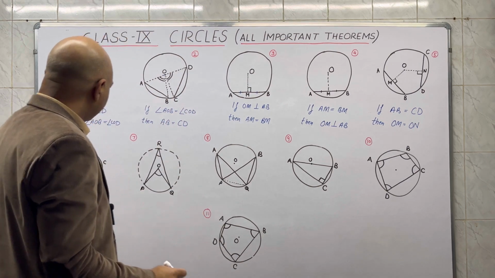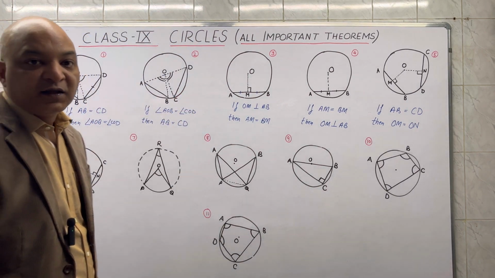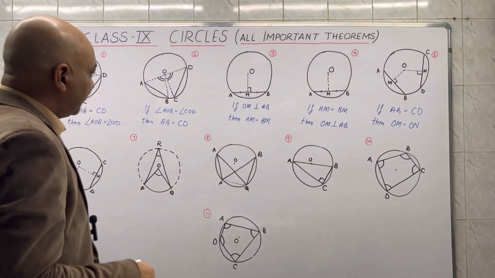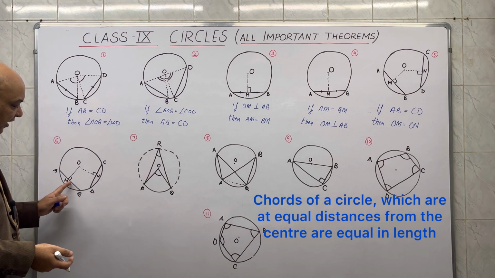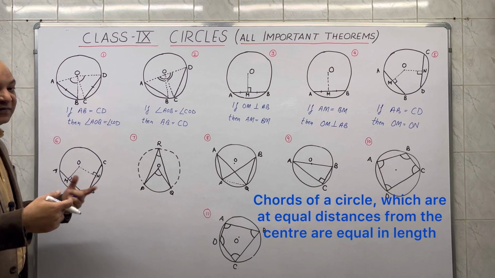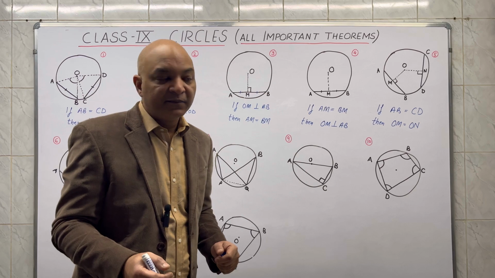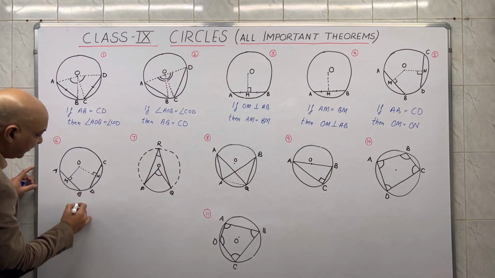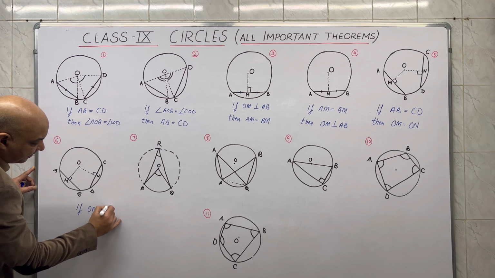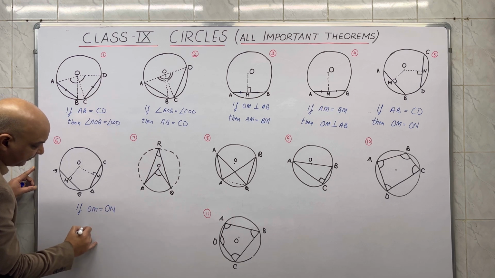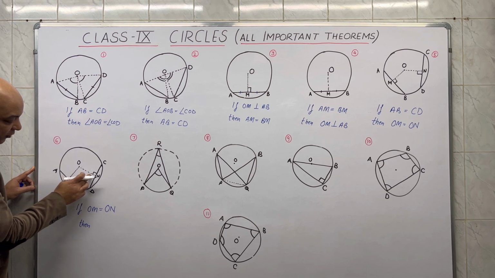Okay. Now theorem number 6 is the converse of theorem number 5. It states that if two chords are equidistant from the center, then the chords must also be equal. यानी कि अब हमें गिवन है OM is equal to ON.